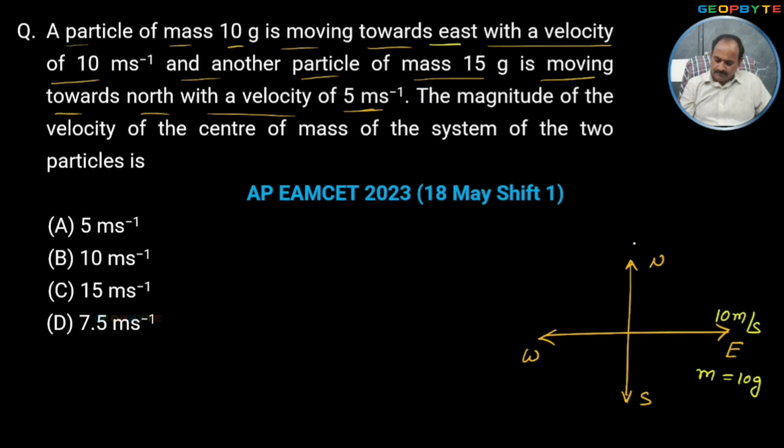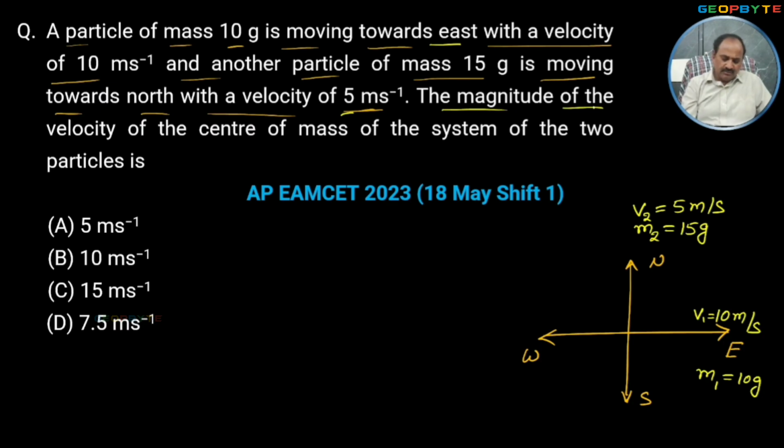Another particle of mass 15 grams is moving with a velocity 5 meter per second. Then I can say this is m1, v1, m2, v2.